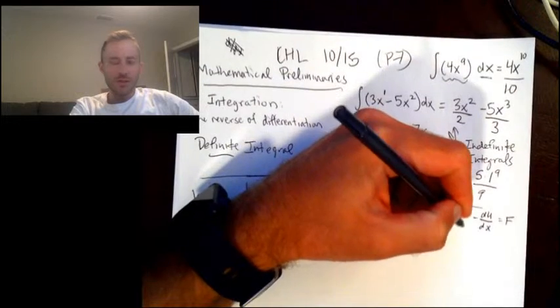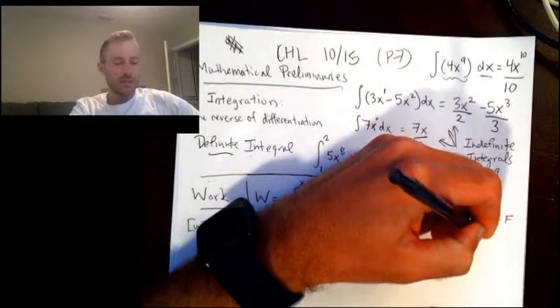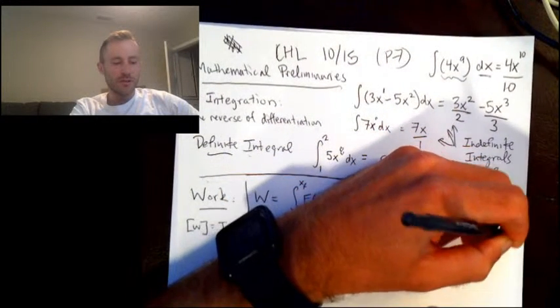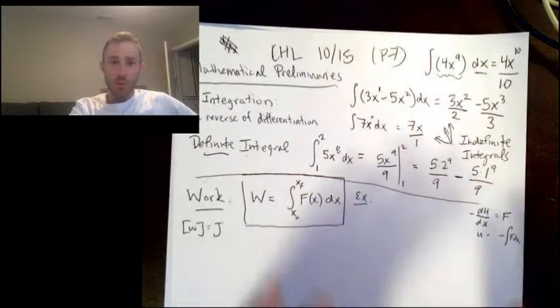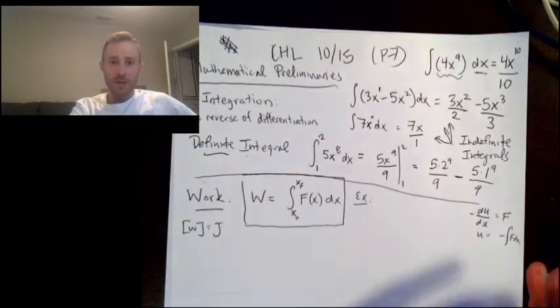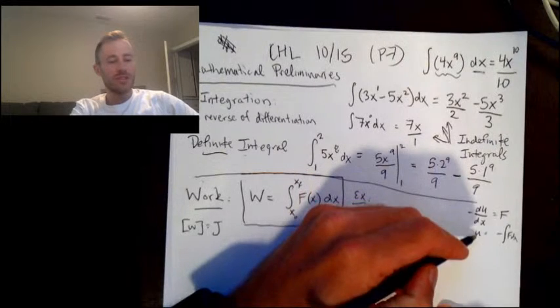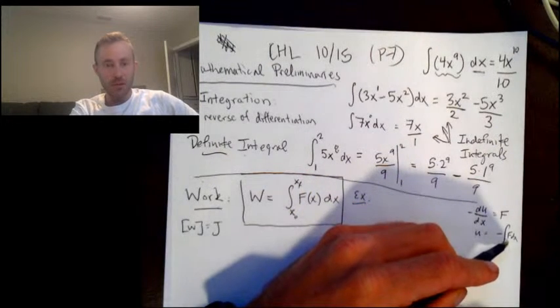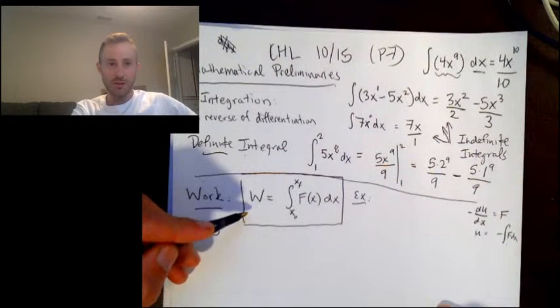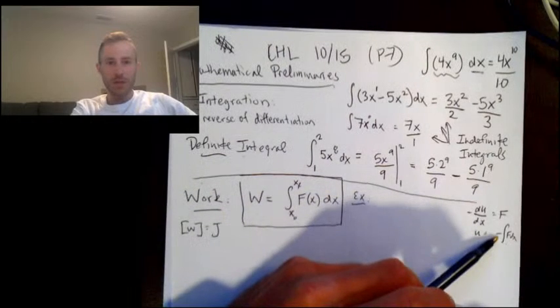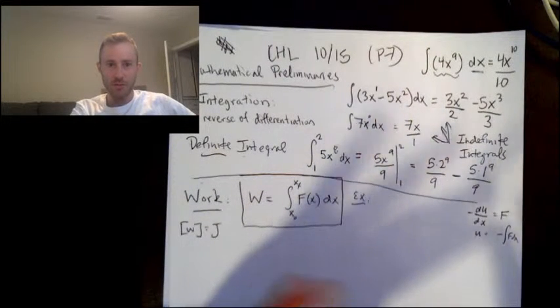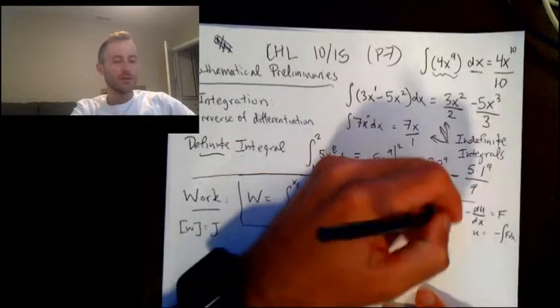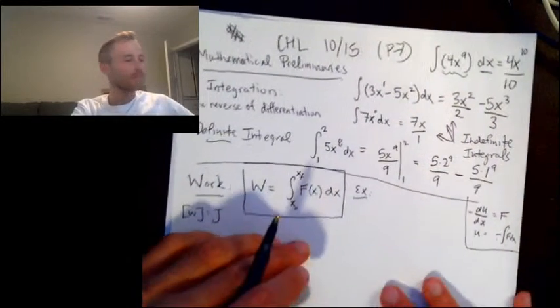So that means that potential energy is minus the integral of the force. Okay? So what is the difference between work and potential energy? Well, first of all, potential energy is an indefinite integral. Work is a definite integral. And then you also have this minus sign here. So they're very closely related, but they're not quite the same thing. Okay? So I'm just going to separate that.